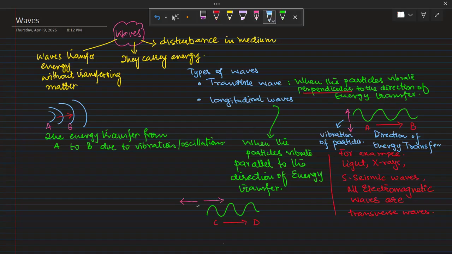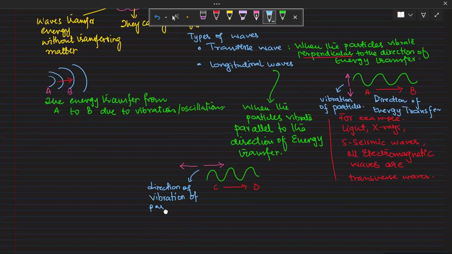The direction of vibration of particles is parallel to what? The direction of energy transfer. And this is the direction of energy transfer, right?